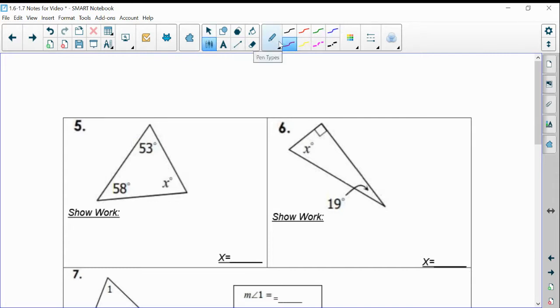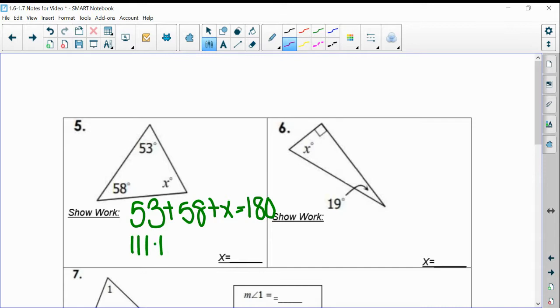All right. So let's go ahead. We should have 53 plus 58 plus our unknown angle equals 180. So we can go ahead and say 53 plus 58 is 111.